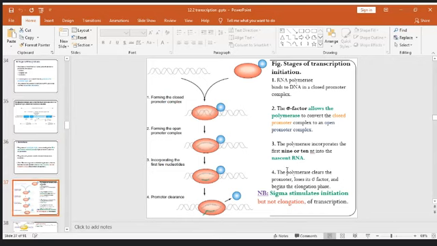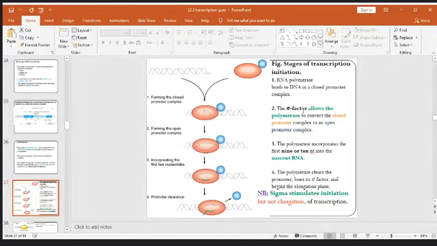This forms the initiation complex. Let's look at the stages. In the transcription initiation process, for example, RNA polymerase binds to DNA in a closed promoter complex. Here is the parental DNA strand. This is the RNA polymerase including the sigma factor; the blue one is the sigma factor. It binds to DNA, forming a closed promoter complex, and this promoter complex is identified by the sigma factor.